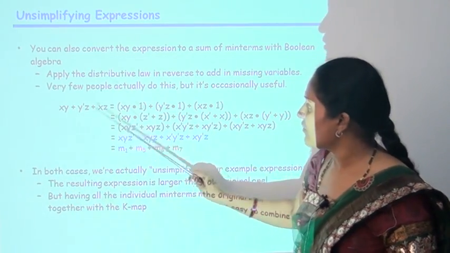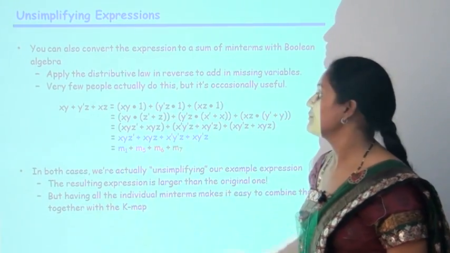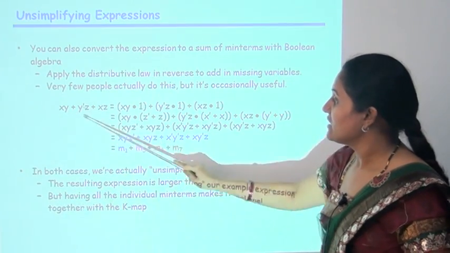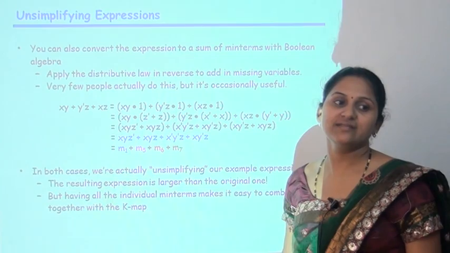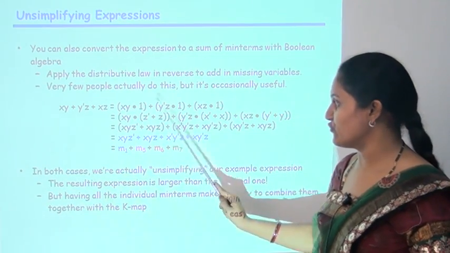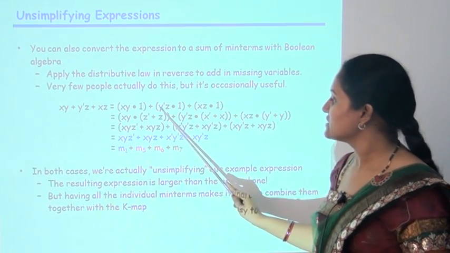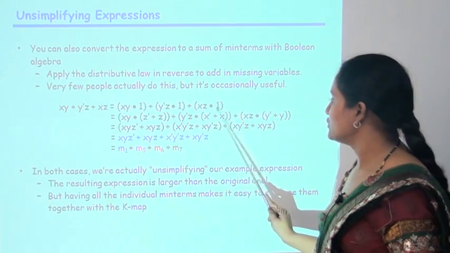So first our task is to make the missing term into 1. So here xy, here we have a z that is missing, so we can take in place of that missing z as 1. So xy times 1. For this, yz times 1 and this xz times 1.